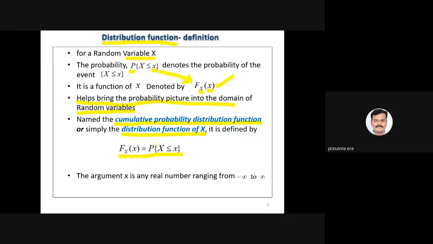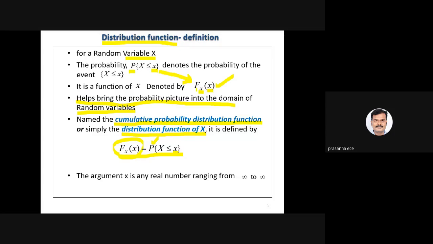Here we represent individual probabilities when X takes some particular values. As a general rule, we just make it a function. When x can take any value, we create a function F_X(x).